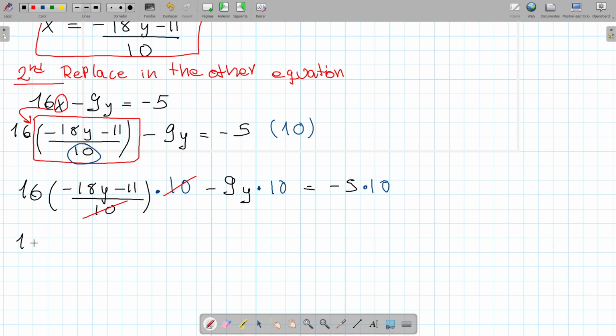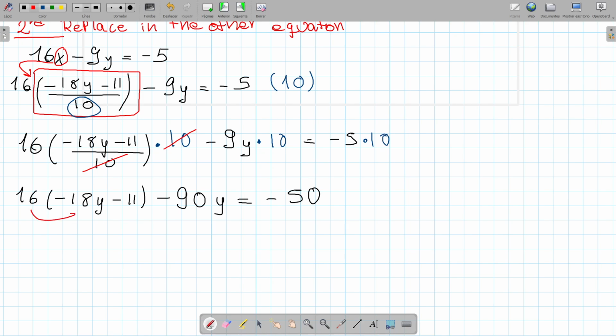Now what do we have? 16 multiplied by minus 18y minus 11. 9 multiplied by 10 is just minus 90, and this will be minus 50.